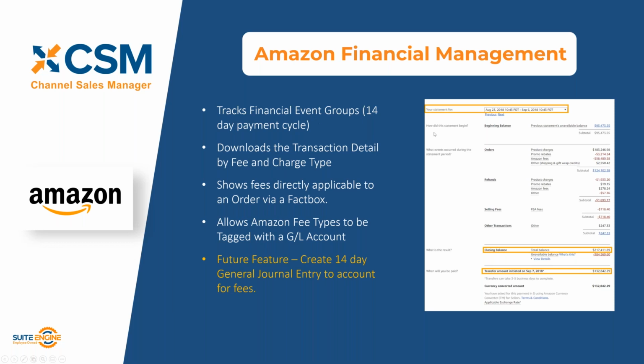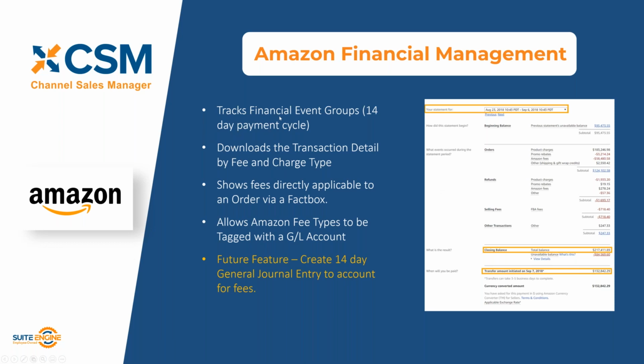Amazon will pay you every 14 days. If you went to Seller Central, you could see a statement such as this, a traditional accounting statement: here are all the new orders you have, here are the fees we're going to take out of it, and in the end, here's what we're going to transfer to your bank account.